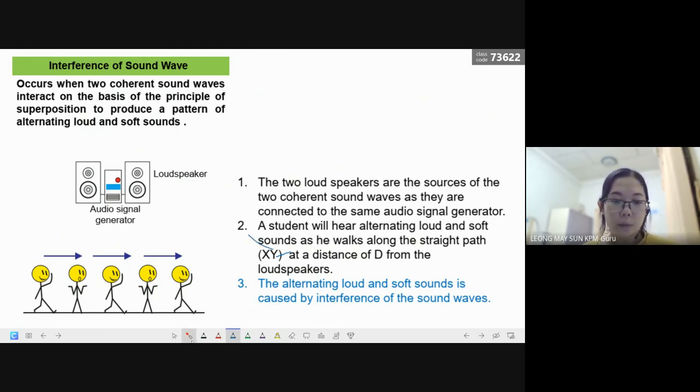So over here, interference of sound wave occurs when waves interact on the basis of the principle of superposition to produce a pattern of alternating loud and soft sound. After explaining this, later on you will understand. Let's just say here is the school hall.